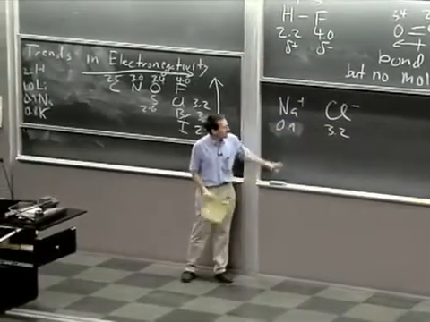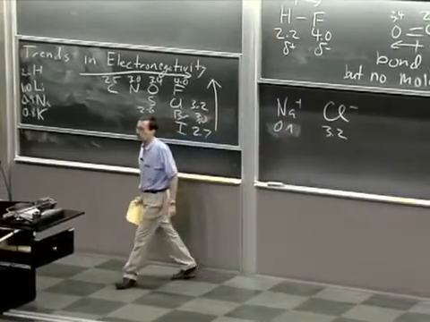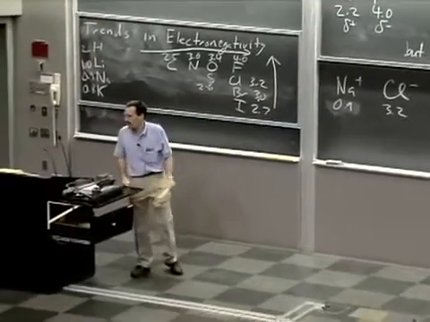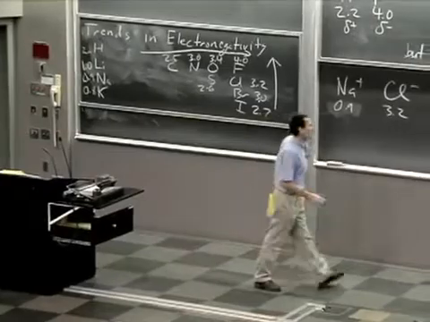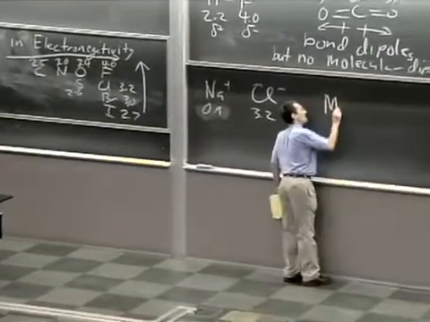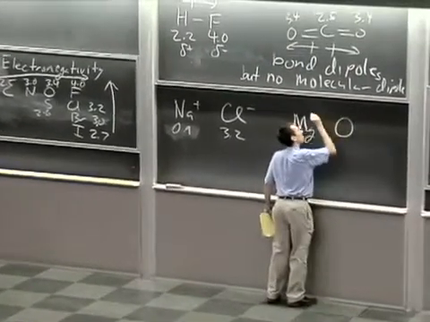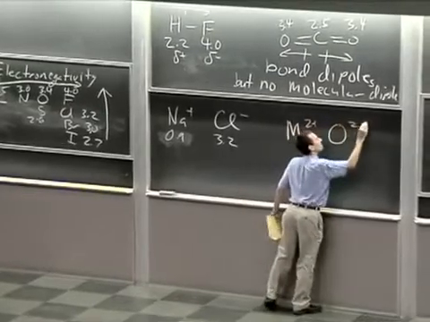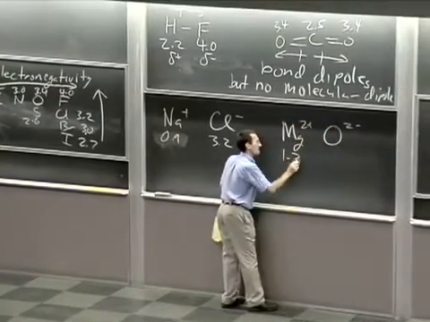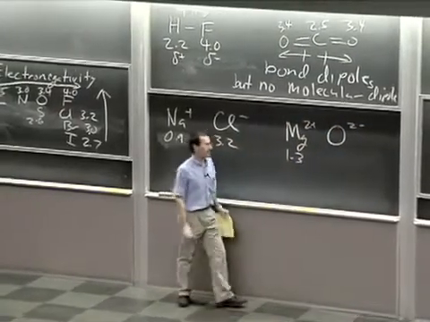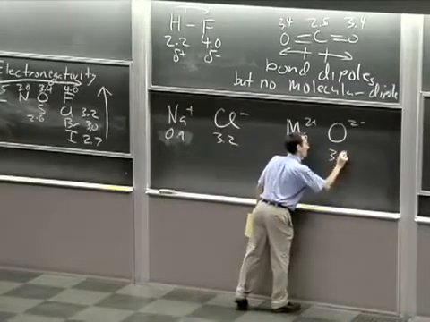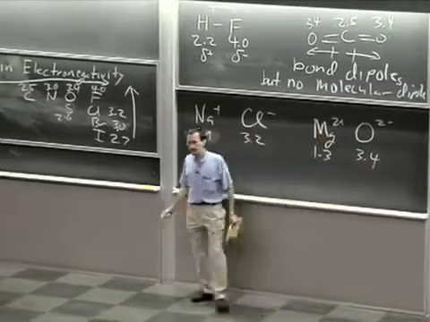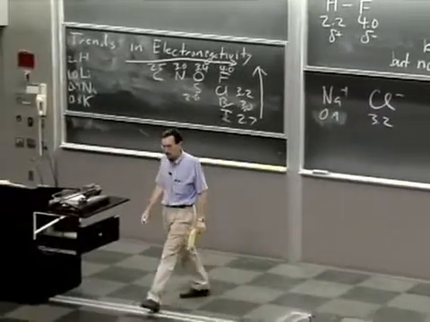And so this fits with our concept of greater than 2 electronegativity as an ionic compound. Same thing with magnesium oxide, where magnesium, I said, was about 1.3, and oxygen was about 3.4, so it makes sense that it's an ionic bond.